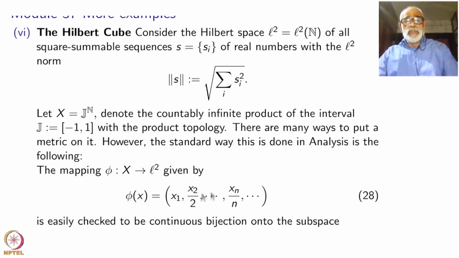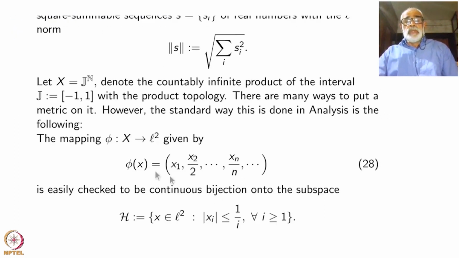Now what happens? If you take the sum of squares, that is convergent. The sum is convergent, so this will be an element of L2. X itself is not an element of L2. It is easily checked that this map is a continuous bijection on the space.